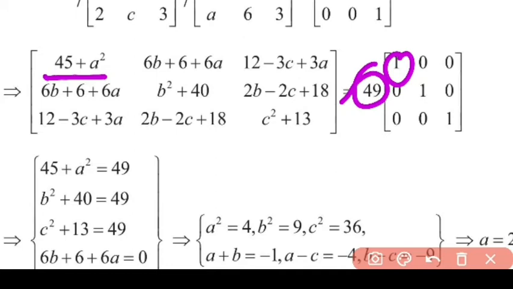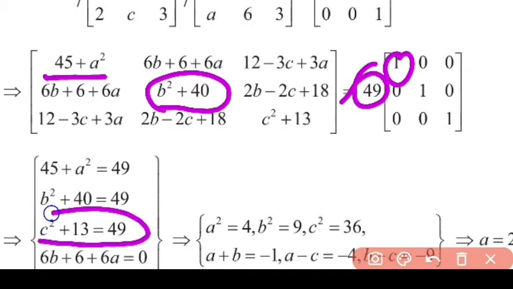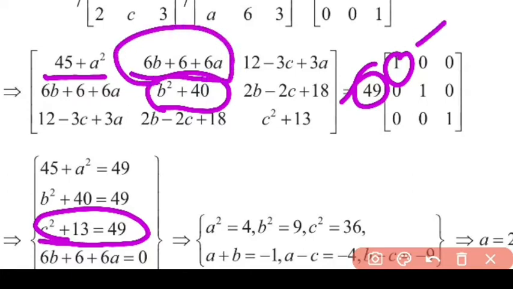Next, B square plus 40 equal to 49. C square plus 13 equal to 49. The remaining equations are 6a plus 6 plus 6a equal to 0, and 3a minus 3c plus 12 equal to 0.